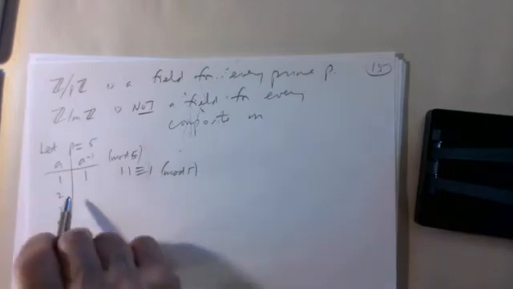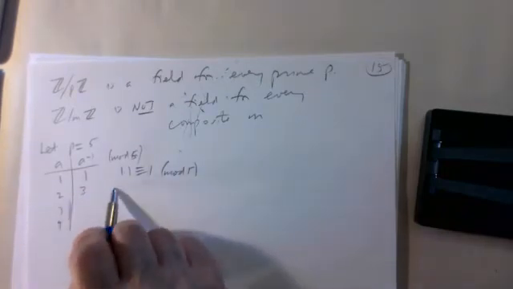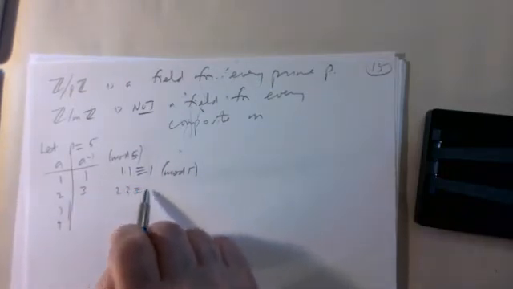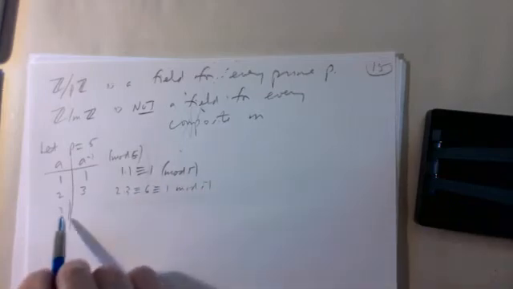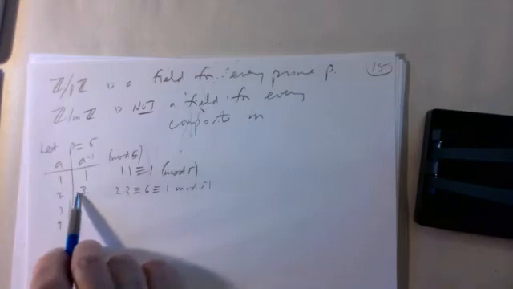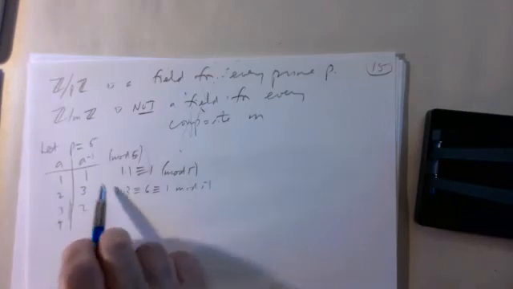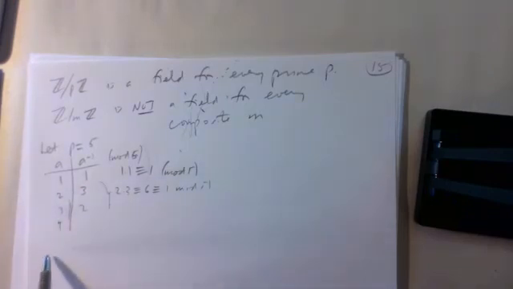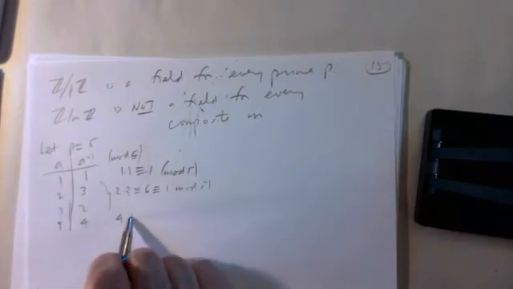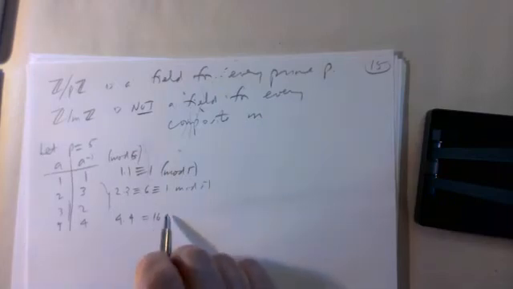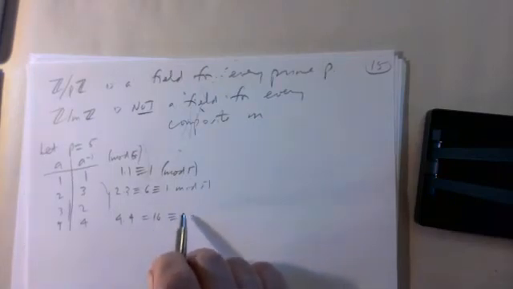What's the inverse of 2? Well, try 3. 2 times 3 is 6, which is congruent to 1 mod 5. So if 2 times 3 is 1, 3 times 2 is also 1. It's the same calculation. What's the inverse of 4? I claim it's 4. 4 times 4 is 16. 16 minus 1 is 15, which is divisible by 5.